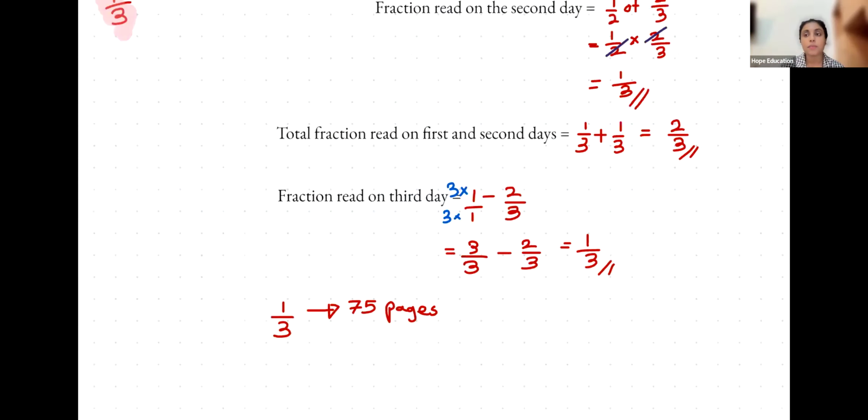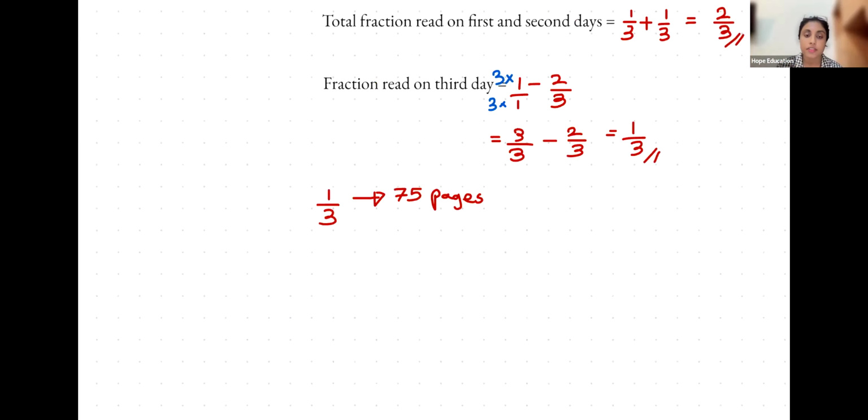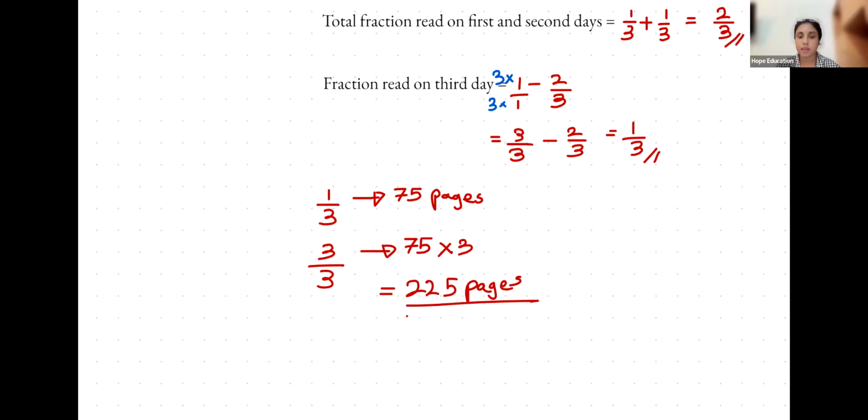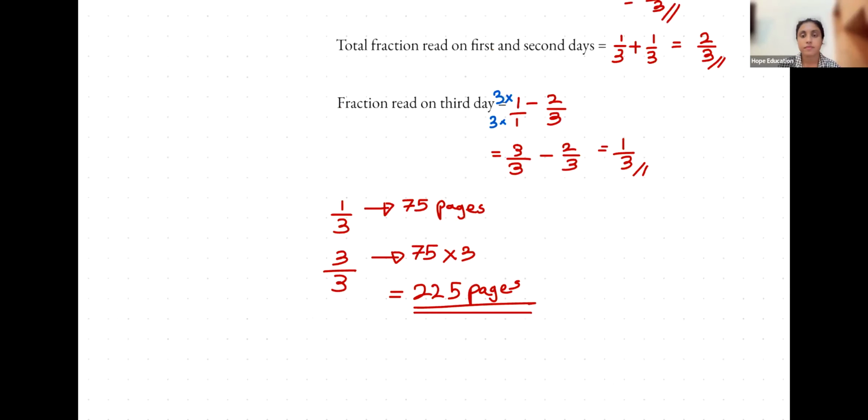Total means all of it, that would be 3/3. Then 3/3 means, if 1/3 is 75, you multiply 75 by 3. Then 3 times 5 is 15, 1 remaining. 3 times 7 is 21 plus 1 is 22. So that would be 225 pages. Is that clear, Lamai? Thumbs up. Others?